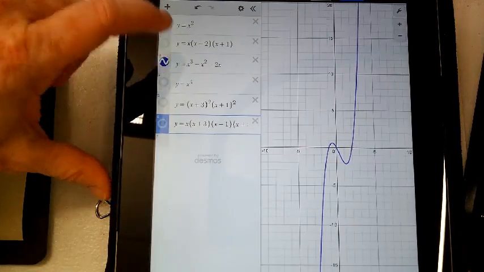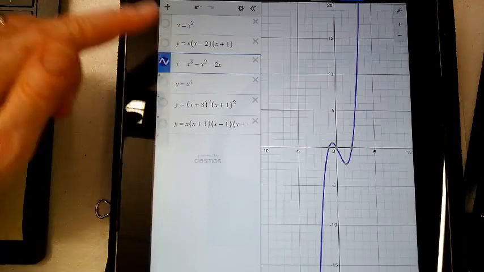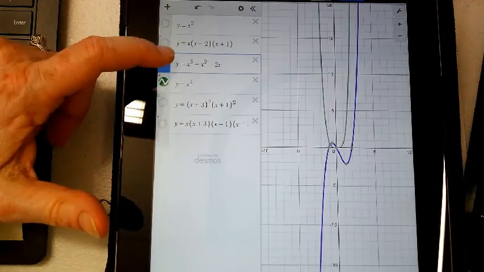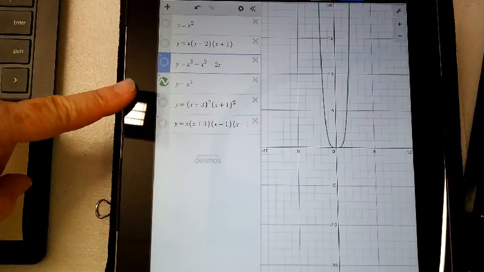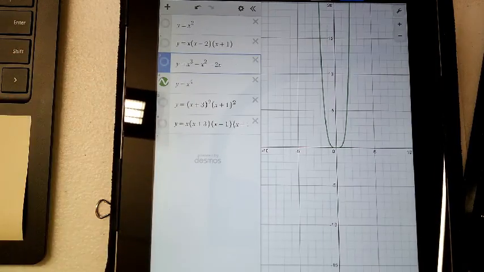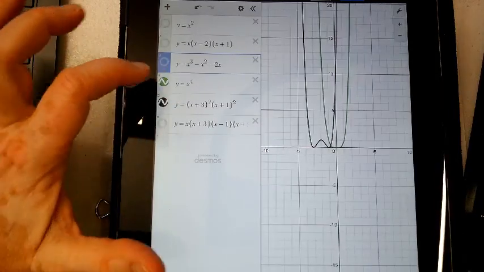We spent some time getting used to what these all look like. This green one is y equals x to the 4th, which doesn't look much like the picture I just showed you. I showed you a picture that looked more like that.